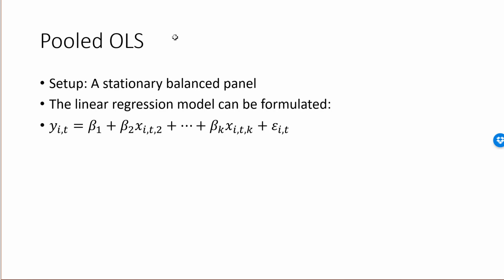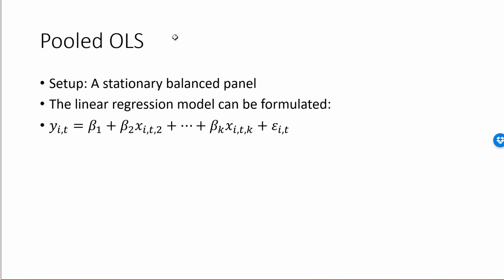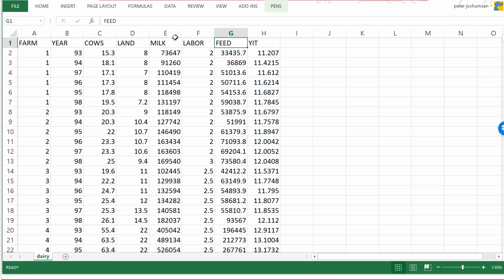Milk production in farm i at time t is determined by a linear function of several explanatory variables and an error term. So the idea behind this linear regression model is simply that we treat each row as a separate observation. So in the linear regression model, we simply ignore the fact that this data is a panel data.